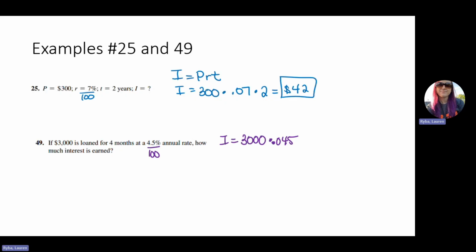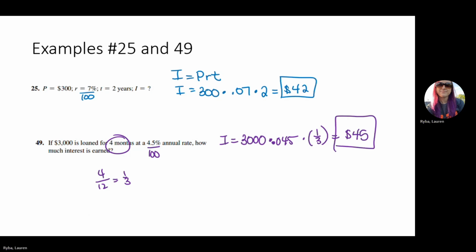It is 1/3 of a year, right? 4 months out of 12 months is equal to 1/3 of a year. So the time is going to be 1/3. And again, you just go to your calculator, type 3,000 times 0.045 times 1/3, and you should get 45.